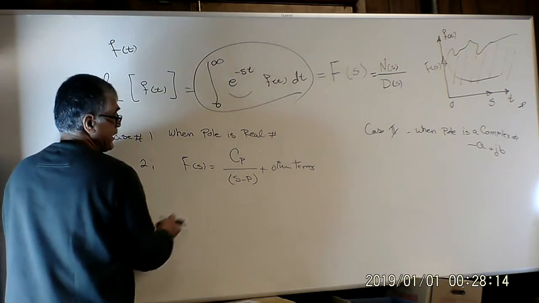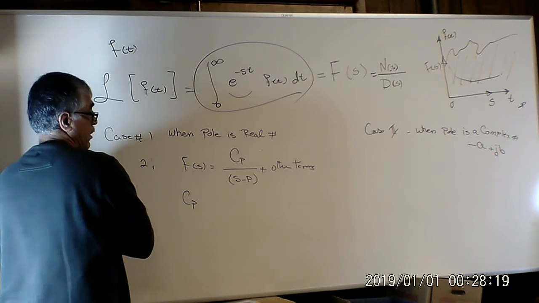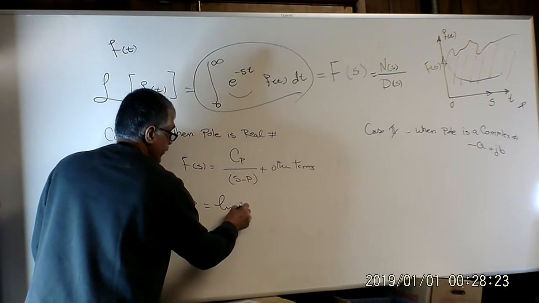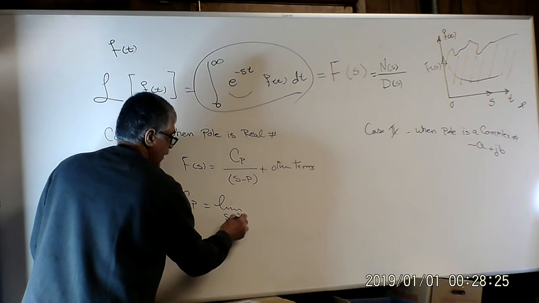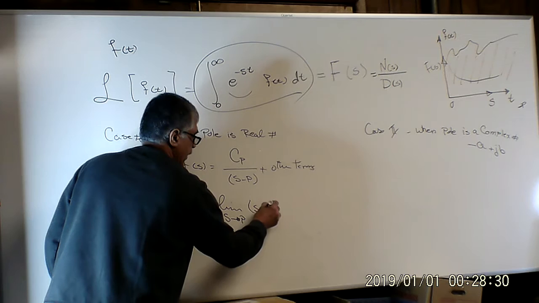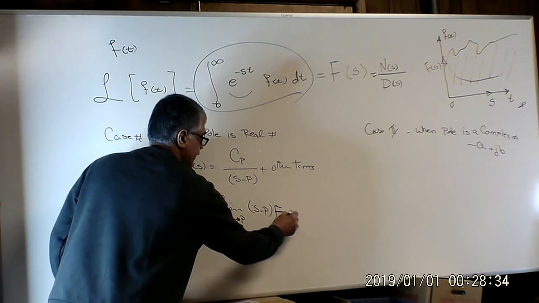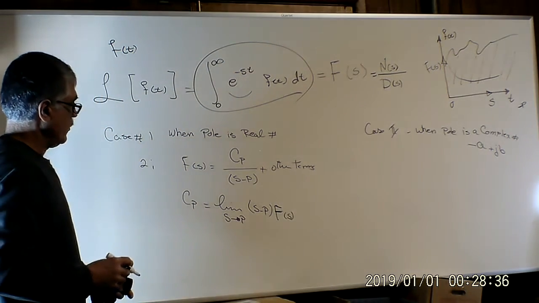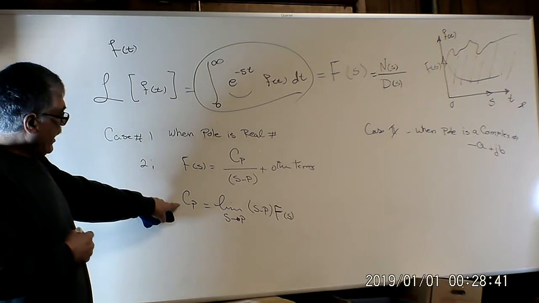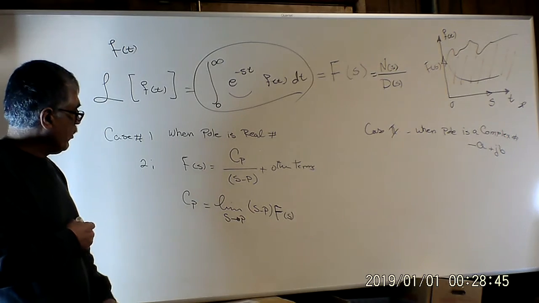From this expression, we can find that the constant associated with each pole is equal to the limit as s approaches that pole of (s minus p) times F(s).